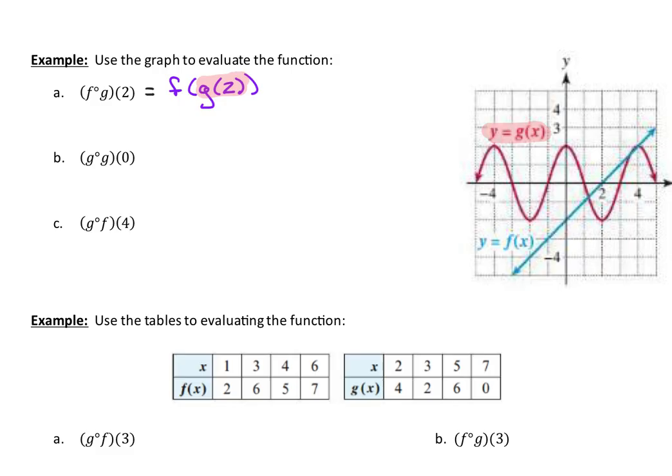And if we look at our red graph, we want to find a point that has an x coordinate of 2. And that's going to be this point right here. When x is 2, y is negative 2. We're going to replace that entire g of 2 with the y coordinate.